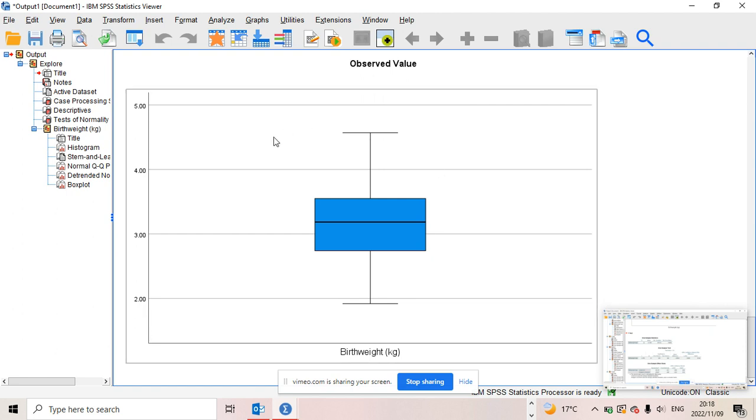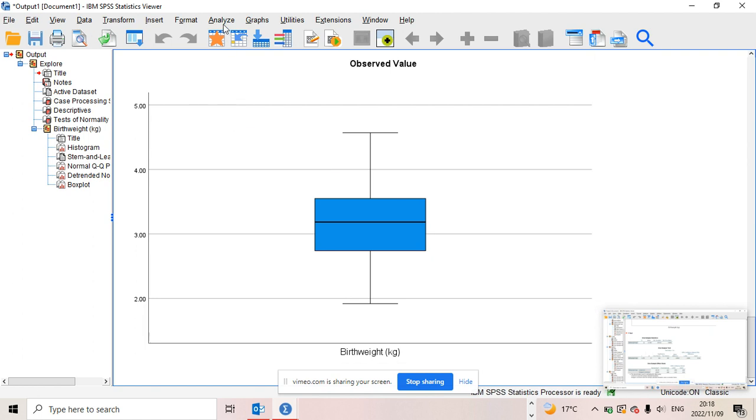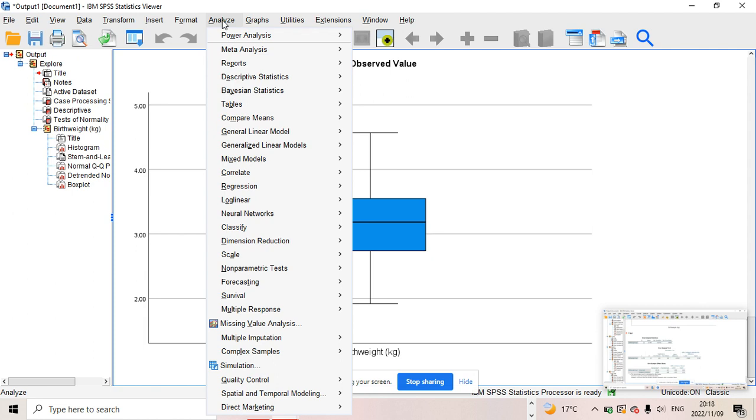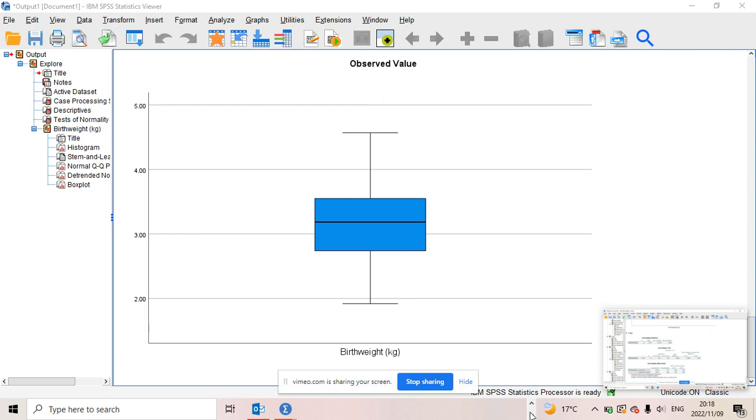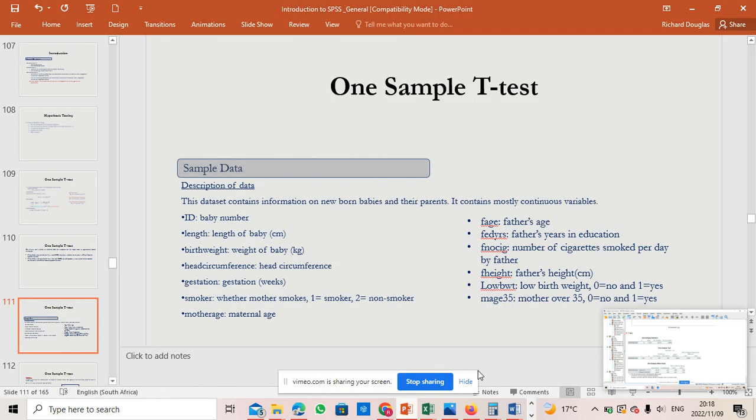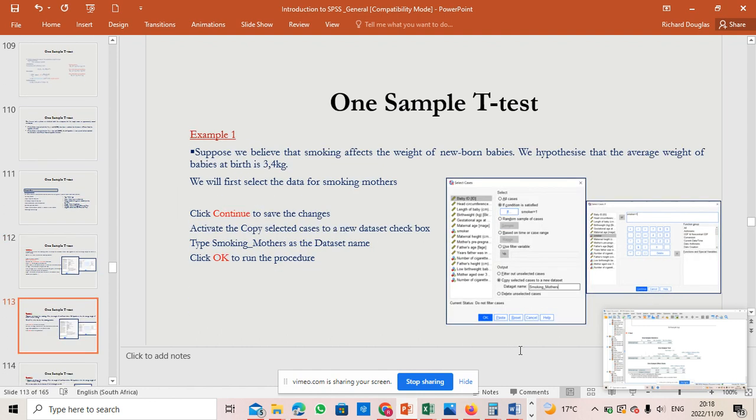So the next stage is for us to do our hypothesis testing. What we need to do is hypothesize. For example, suppose we believe that smoking affects the weight of newborn babies. We hypothesize that the average weight of babies at birth is 3.4 kilograms.